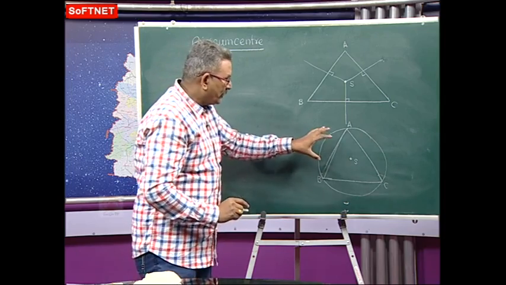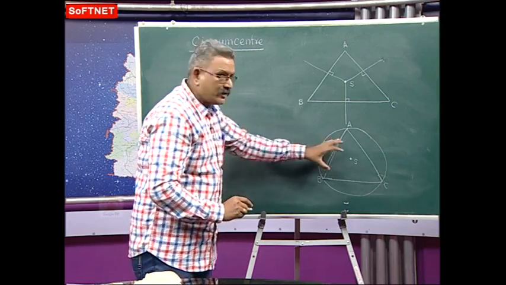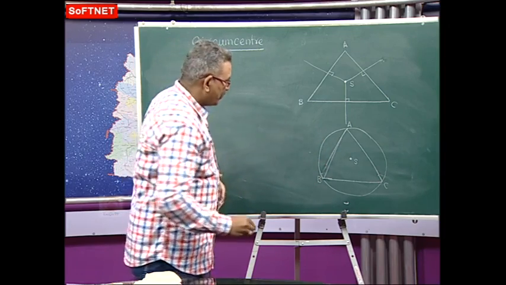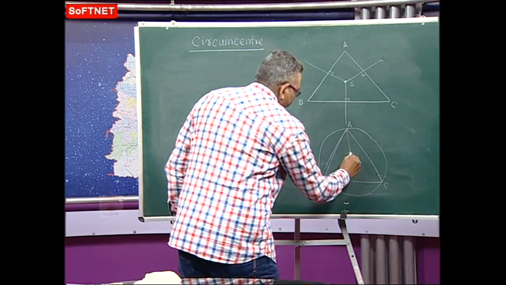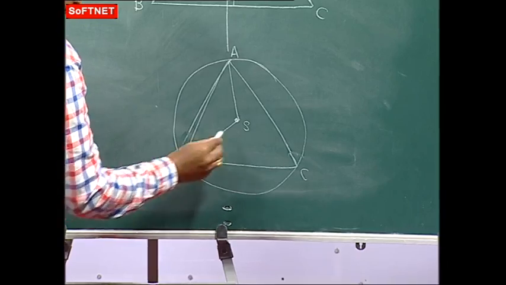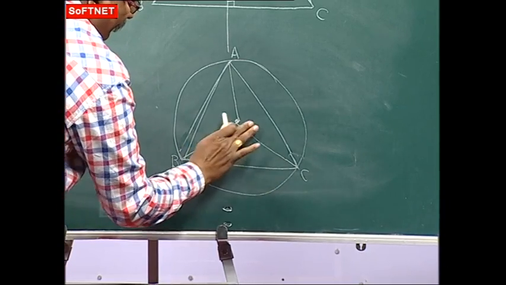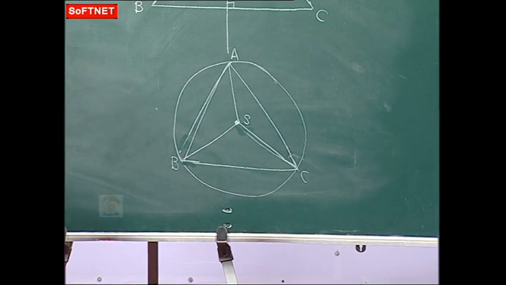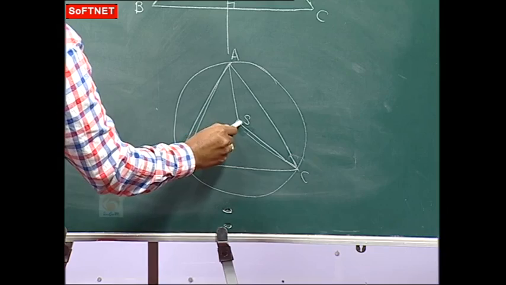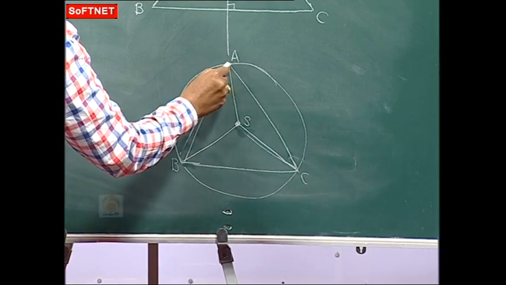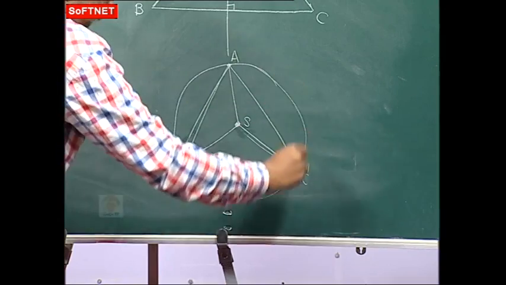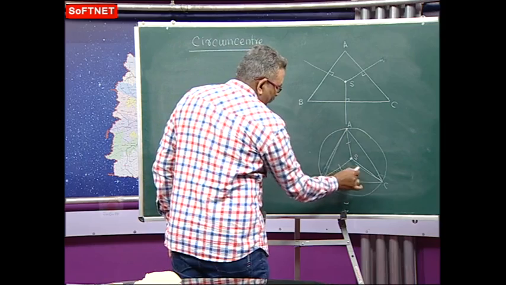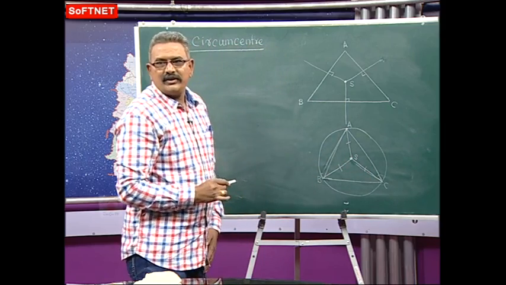From this we get one very important concept that may be applied while writing the examination. Suppose you join SA, SB, SC. What do you observe? SA is the distance from the center to a point on the circle. This circle is also known as the circumcircle. So this is called the circumradius, and so are the others.